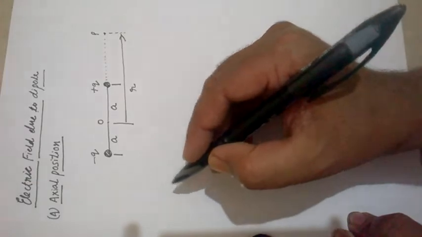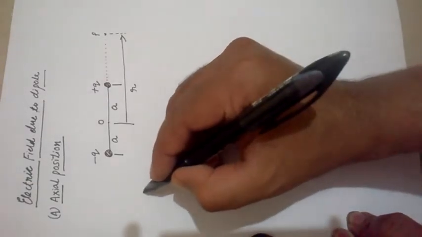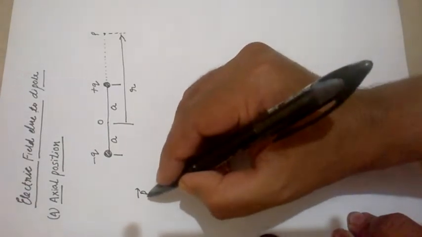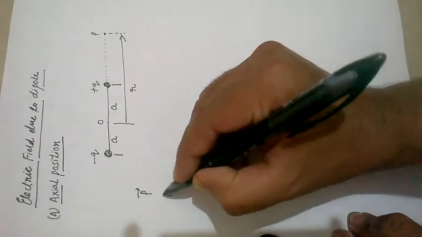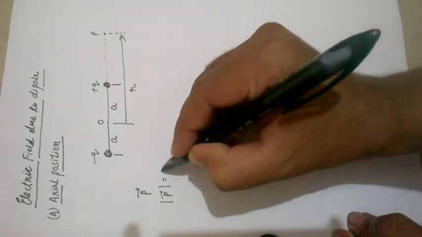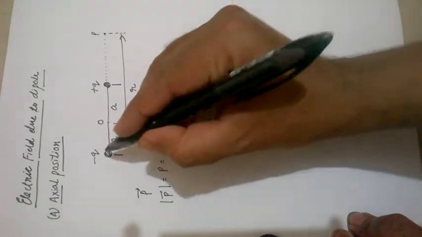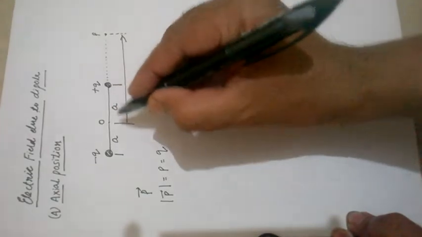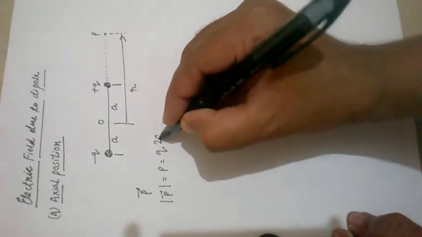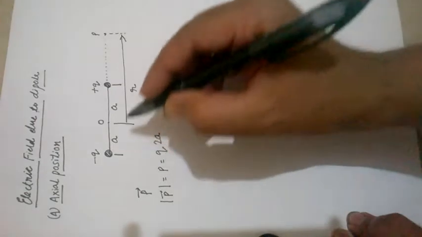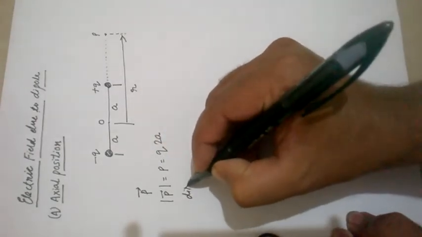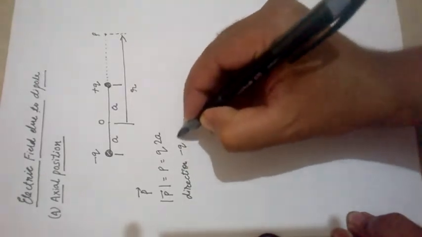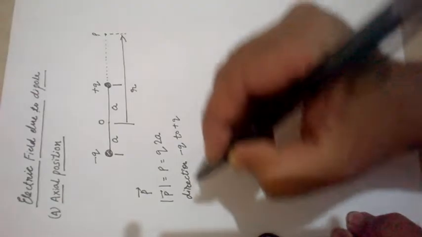As we know, the dipole moment vector P, its magnitude is equal to the magnitude of one of the charges times the separation between the two charges of the dipole, which equals q times 2a, and its direction is from minus q to plus q.